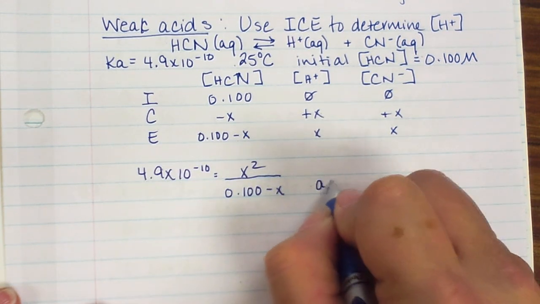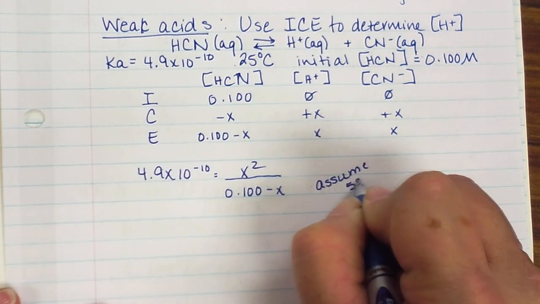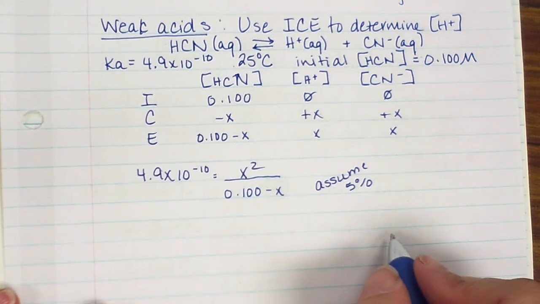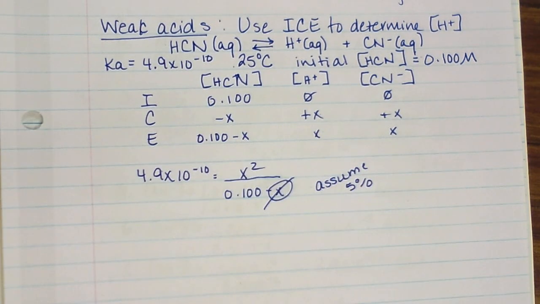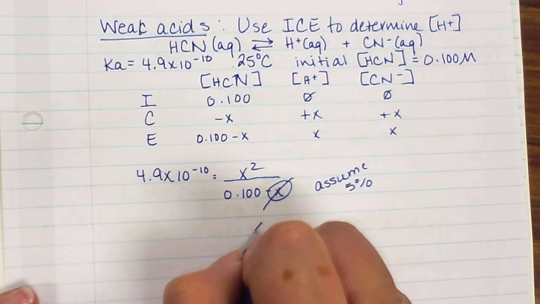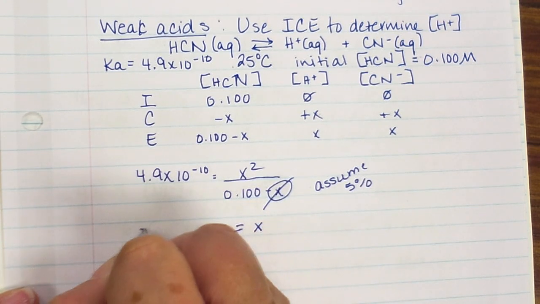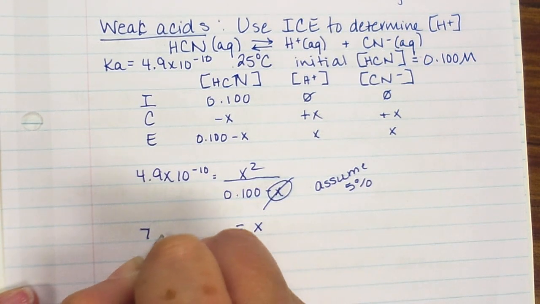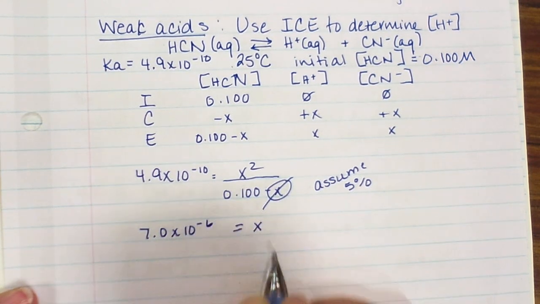I'm going to assume 5%, so I can cross this out. That's a nice way to do it, putting a circle around it and running through it. Then I'm going to solve, and I can just say x is equal to 7.0 times 10 to the minus 6.